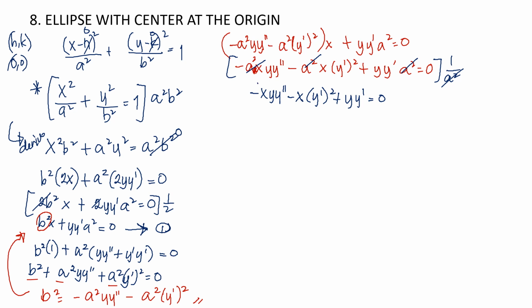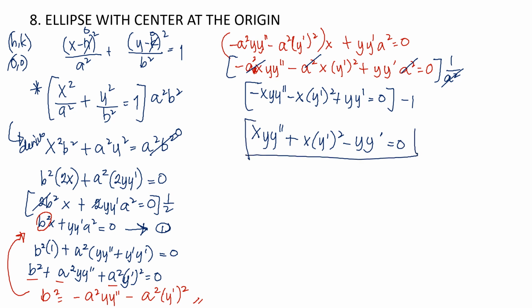Okay? So, therefore, ito na yung ating equation. So, we'll just clean it up para matanggal yung mga negative sign. Multiply na lang natin siya sa negative 1. So, x y double prime plus x y prime squared minus y prime is equals to 0. So, therefore, this is our general solution.